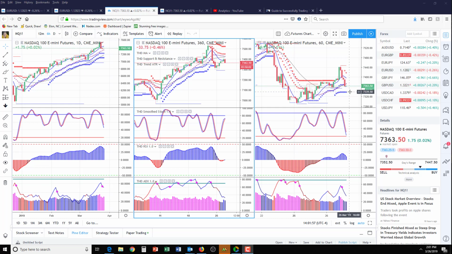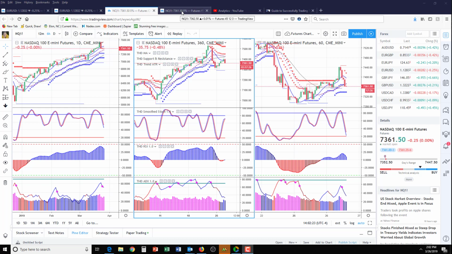Now I suspect it will go down to 7339.5 before it starts to go back to test for resistance. You can also see again, you've got that pink dot, and that's showing you that this is moving down to the ATR.